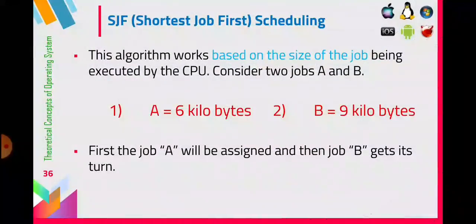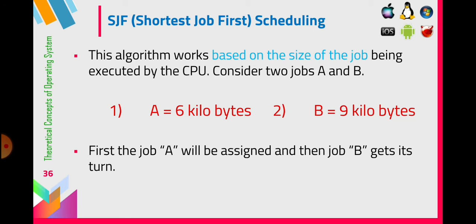Next we see SJF, the shortest job first scheduling algorithm. This algorithm works based on the size of the job. Whichever job has the minimum size is processed first, and then you do the next one.